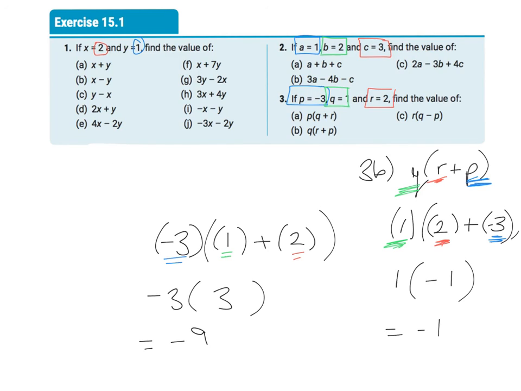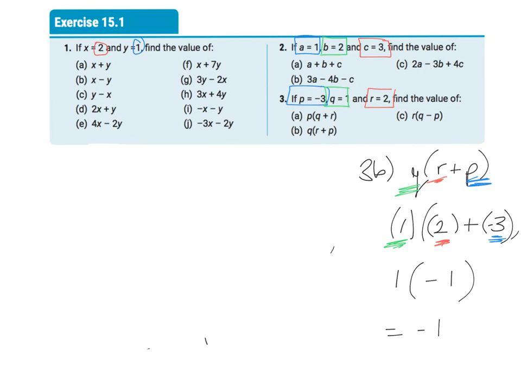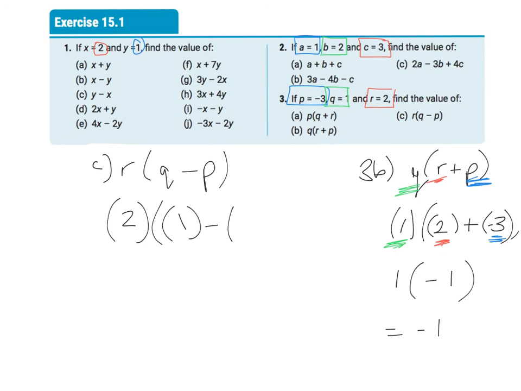Okay, and 3 part C. We have R bracket Q minus P. So R is 2. Q is 1 minus P, which is minus 3. Okay, let's highlight over.